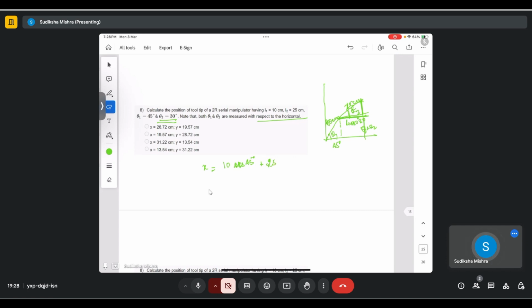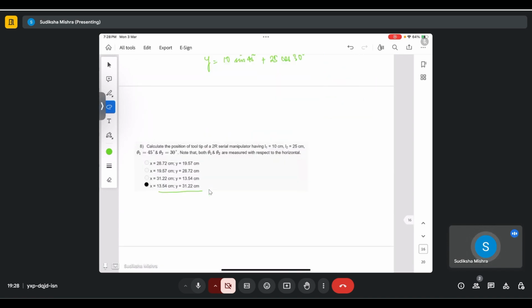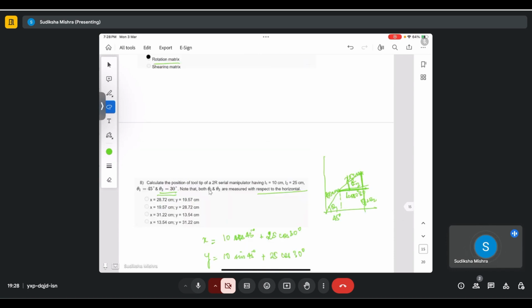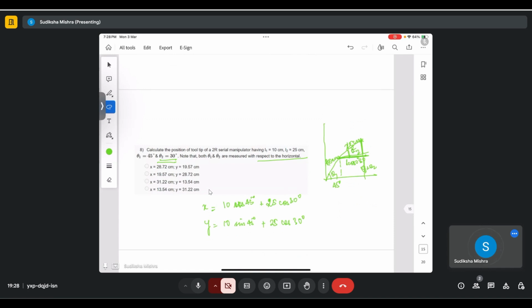L2 is 25, so x is 10 cos 45 plus 25 cos 30, and y becomes 10 sin 45 degrees plus 25 sin 30 degrees. You compute this, and the final answer comes out to be x 13.4 and y 31.22.